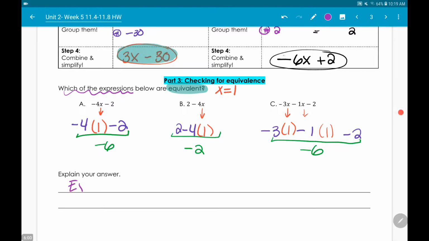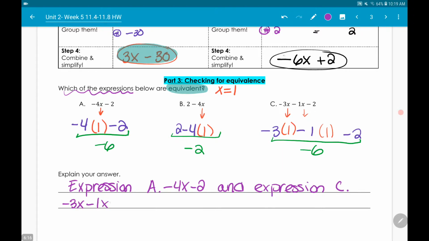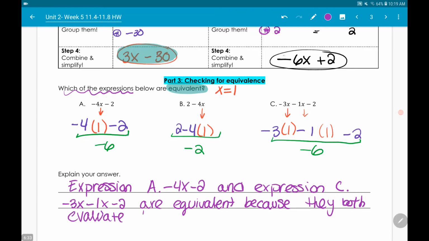So expression A and expression C are equivalent because they both evaluate to be the same number.